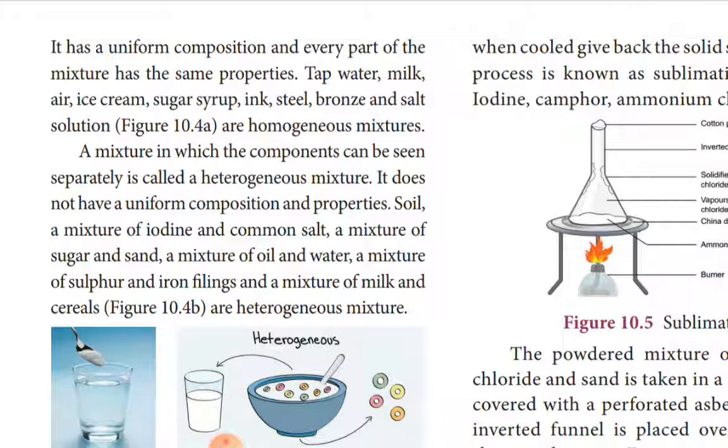When you take water in a glass tumbler, you cannot see any substances in it. It looks like pure water, but it contains some dissolved salt. Similarly, milk and ice cream, we cannot easily separate. So they are all called homogeneous mixtures.